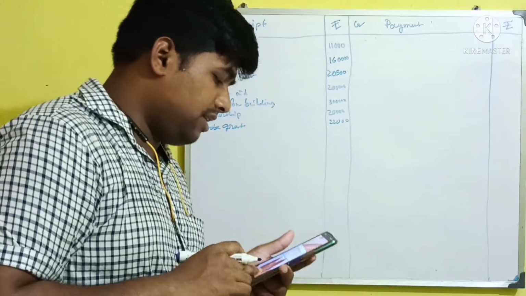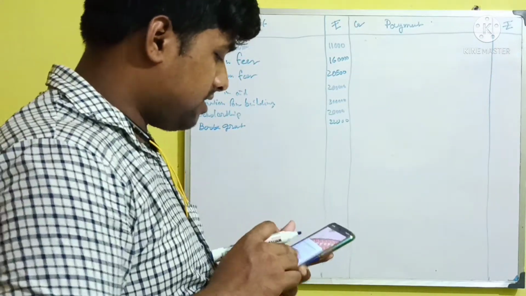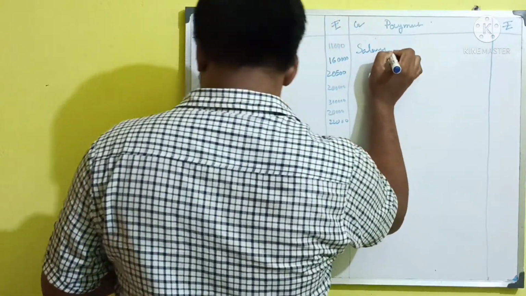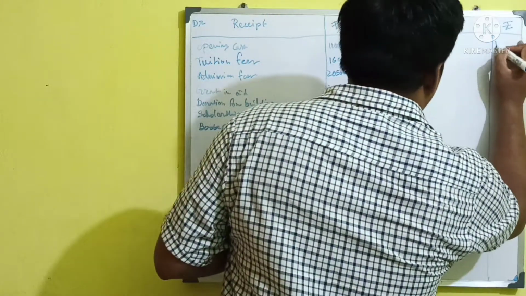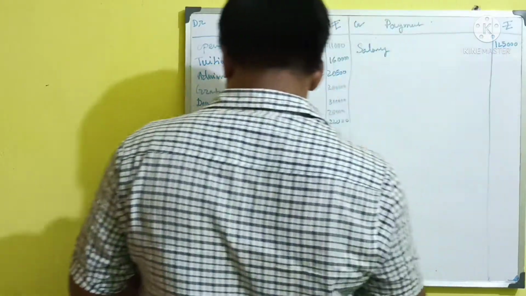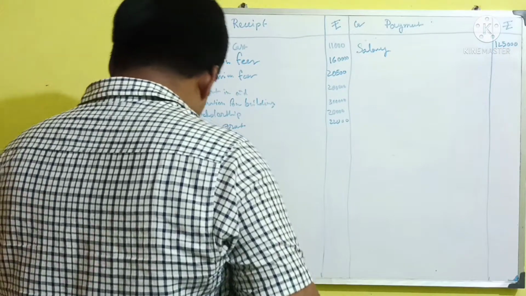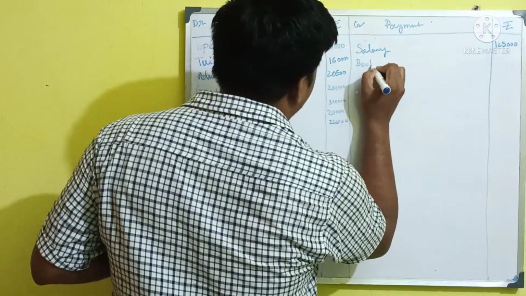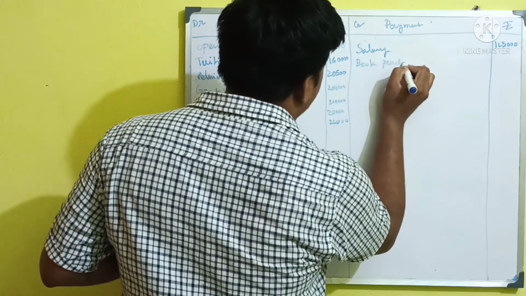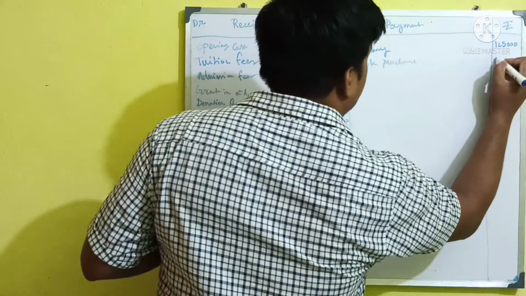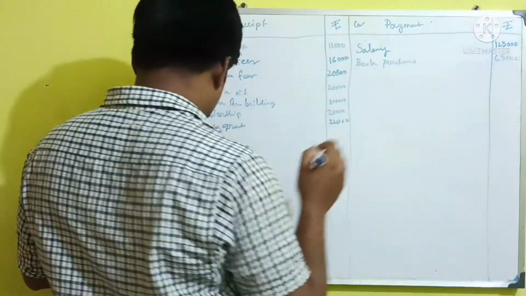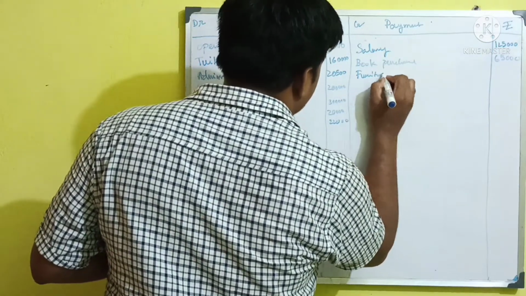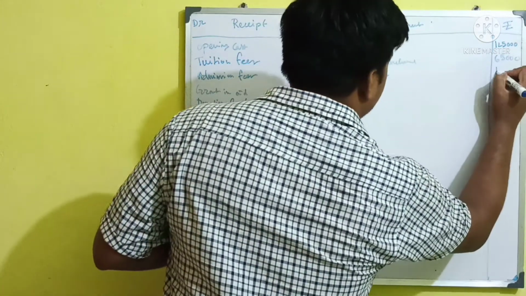Here the expenses entries are salary paid. Salary is rupees 1,25,000. Book purchase for library rupees 65,000. Furniture purchased rupees 1,30,000.